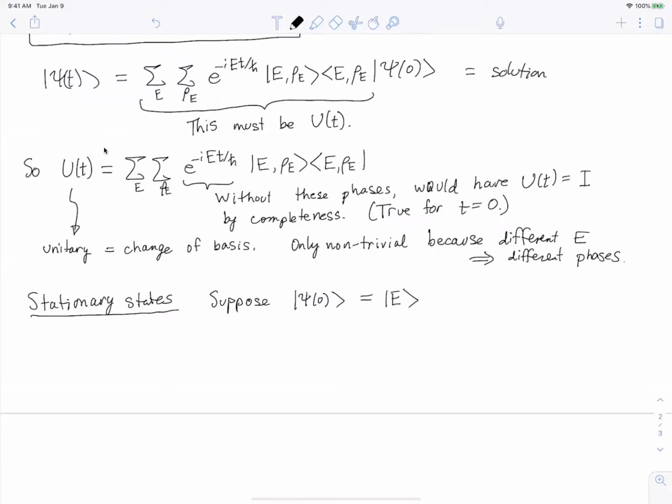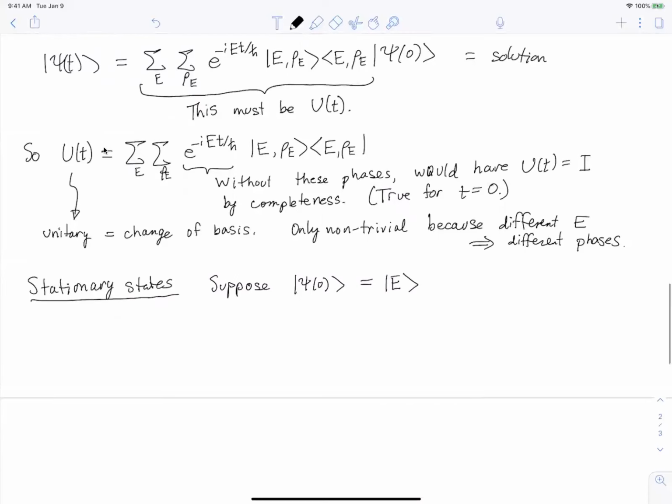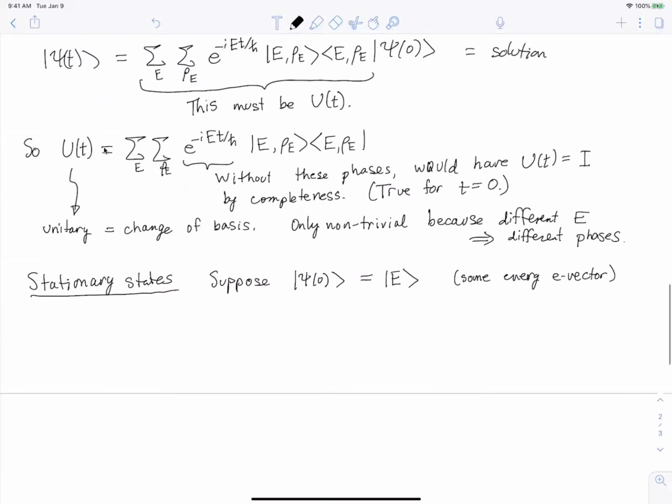I'm now going to dispense with the possible degeneracy label, because it actually would play no role in the following. Okay, and so this is some energy eigenvector. It's a specific one though, not one we're summing over this time. Then if we apply what we just learned, the state at some later time is just the same state multiplied by a phase, e to the minus i E t over h bar.